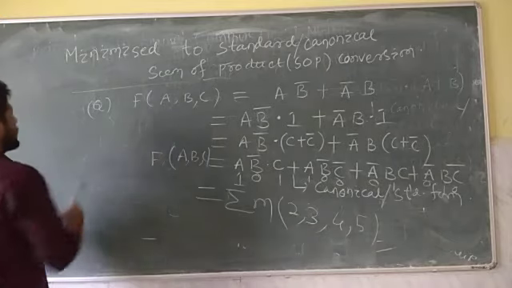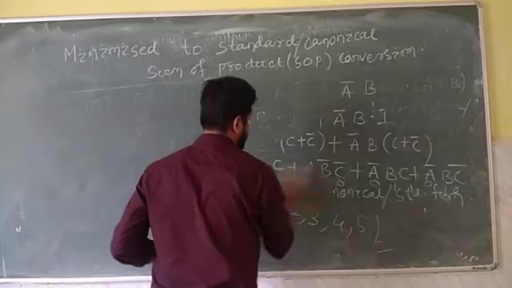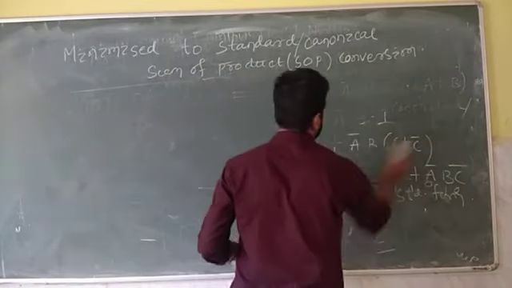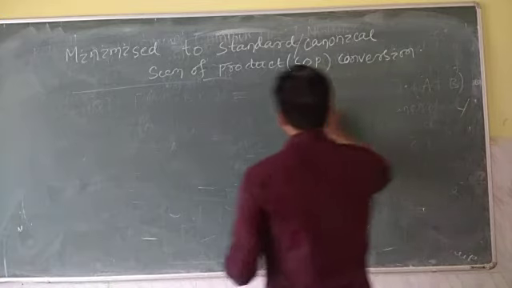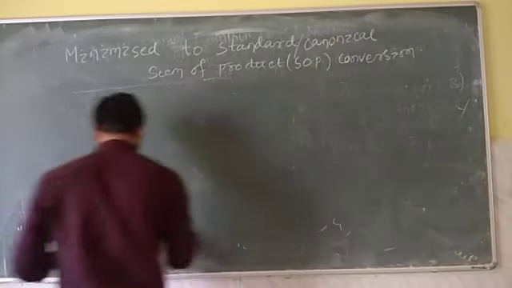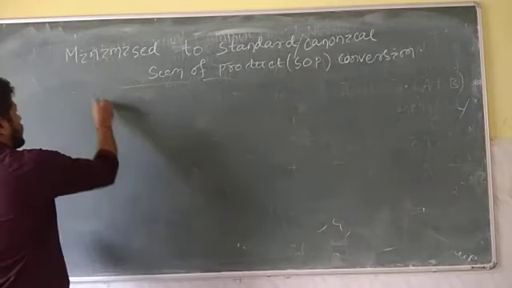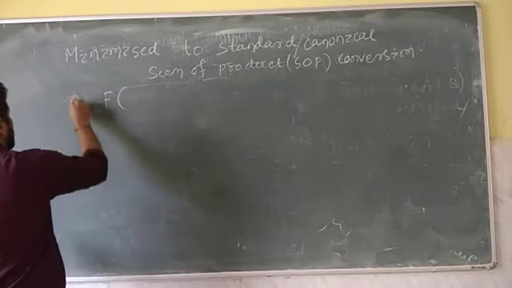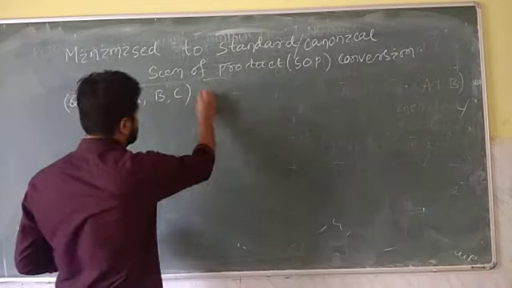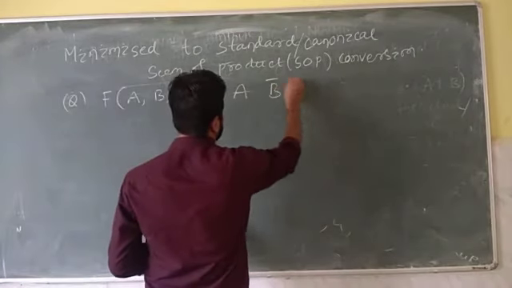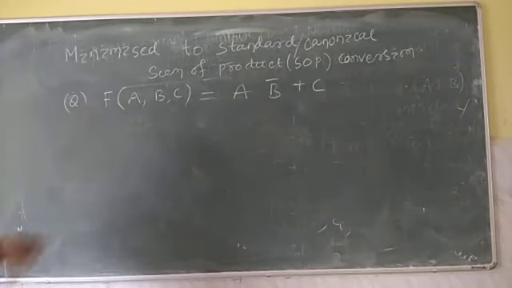Again, one more example I will solve for you. So the question is, if A, B, C, A B bar plus C. So this is your minimized expression.